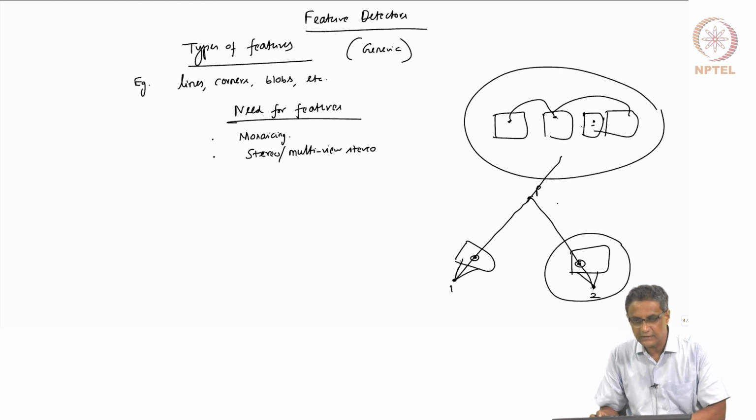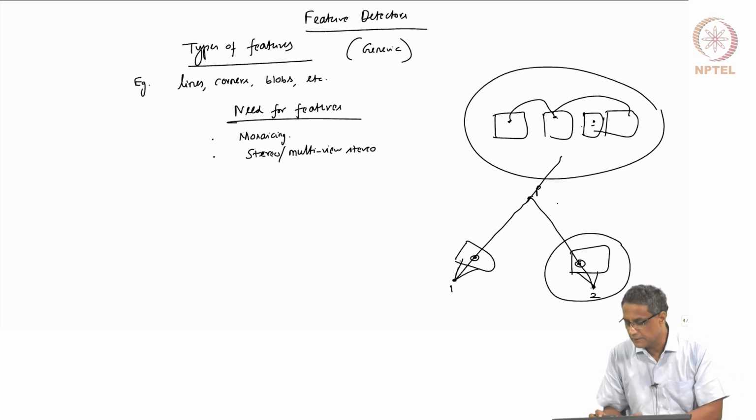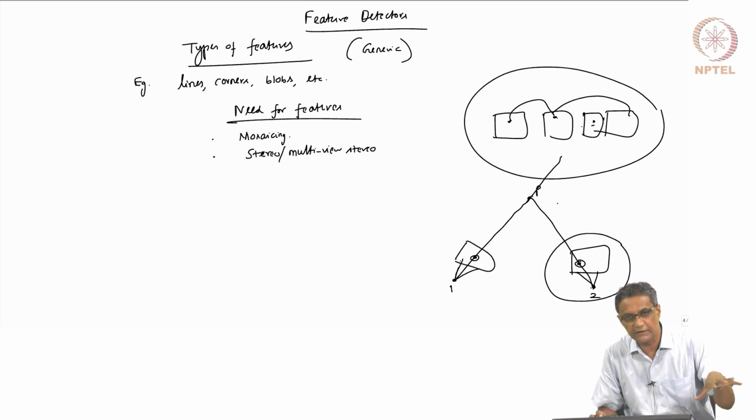And in all of this, there are two things you can see. One is that you need a detector, that means you need to be able to flag features in an image. Somebody gives you an image, you need to tell what are all the interesting features out there. Then you need to be able to match them. Suppose I have 2-3 images, I find features here, here and here.